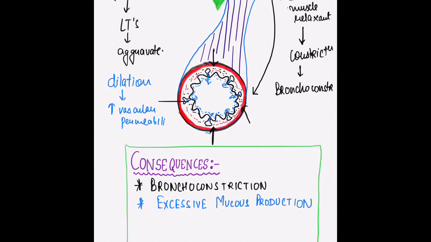Now, apart from these two effects, histamine also causes the mucosa of the bronchioles to become superinflamed. It gets filled with excessive fluid, eosinophils, and various other components of the inflammatory exudate.